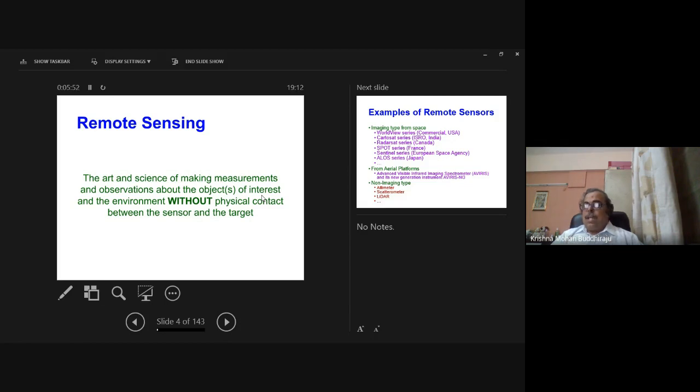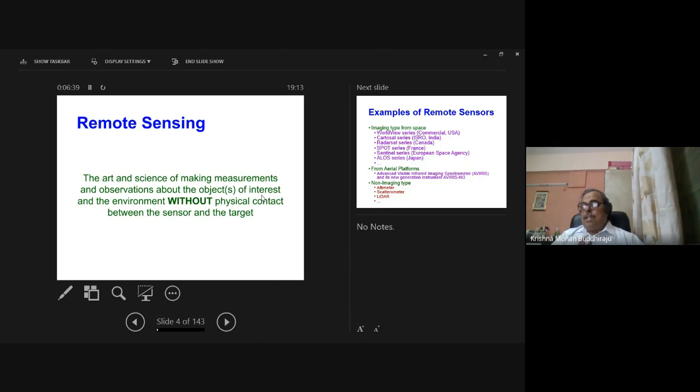the physics and the chemistry: the chemistry of the target and the physics of propagation of radiation between, say, a natural source like the sun, how the solar radiation passes through the atmosphere, is incident on the Earth's surface, gets absorbed, reflected, and then how the reflected energy passes through the atmosphere again, what interaction processes take place in this two-way propagation, and finally what is received at the sensor.